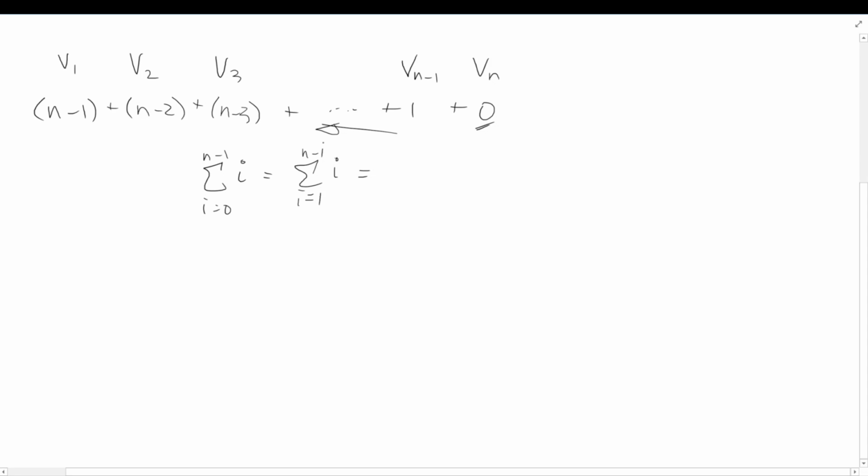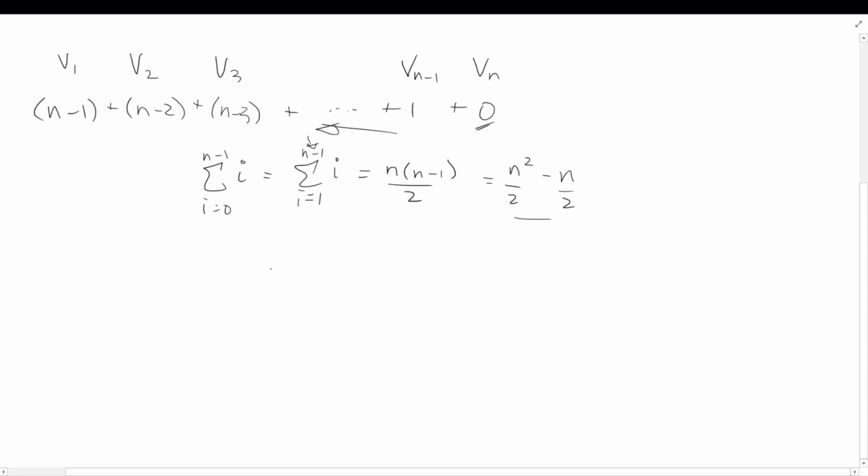The normal expression of this has an n on top, not an n minus 1. But with an n minus 1 on top, our formula is n times n minus 1 over 2, or n squared over 2 minus n over 2.